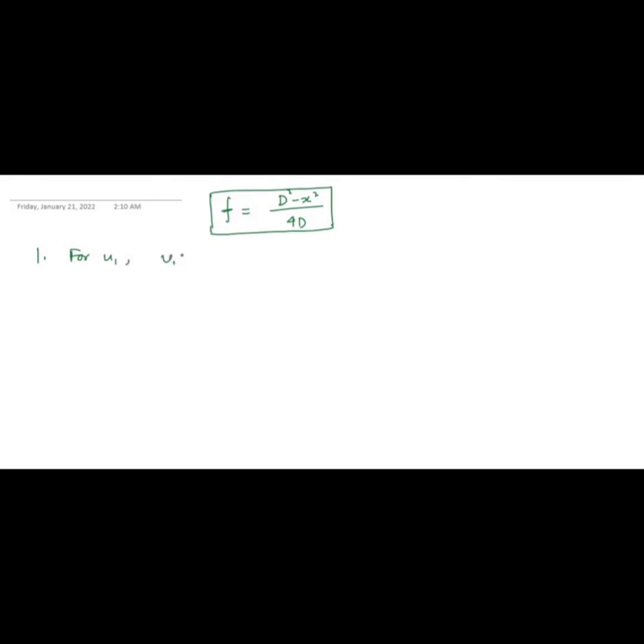what is the value of v1? We know that v1 is equal to d minus u1. If the value of u1 is taken like this, d minus (d by 2 plus root over d square minus 4df by 2), then it will give me a value of d by 2 minus root over d square minus 4df by 2.